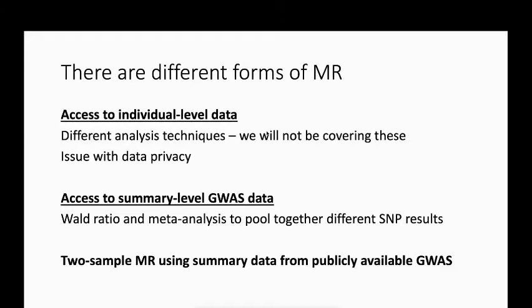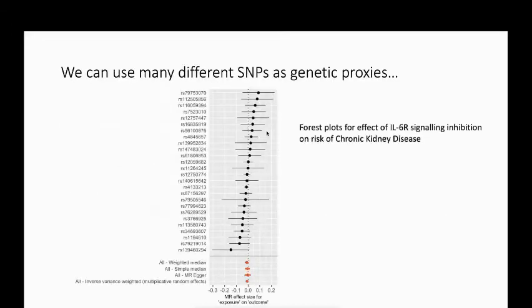So in summary, the methodology we will be focusing on in this project is a 2-sample MR using summary data from publicly available genome-wide association studies. And obviously we can use many different SNPs, because there can often be a number of SNPs that meet our criteria for what we define as a genetic proxy for our exposure.